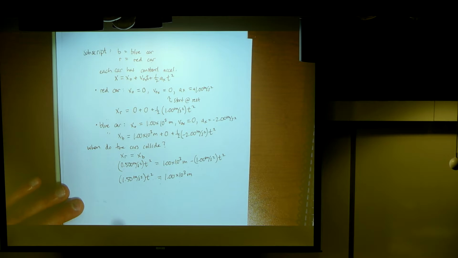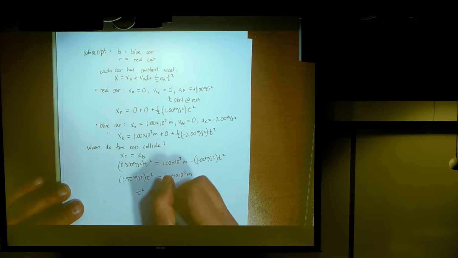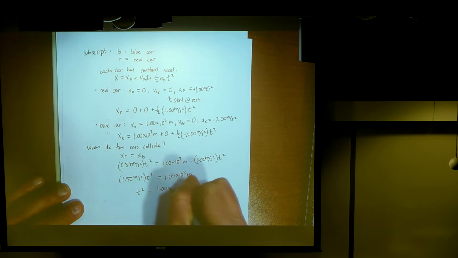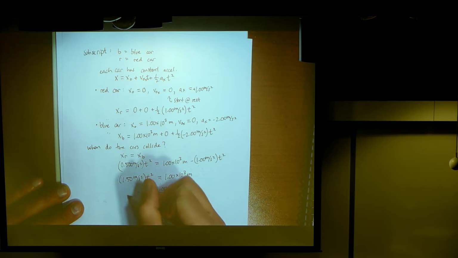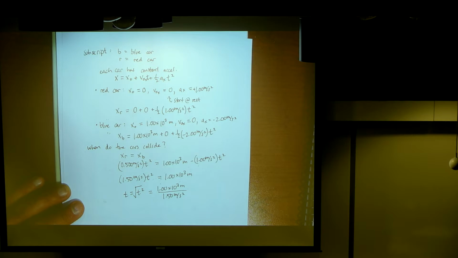So now I can solve for t. T squared is equal to this divided by that, 1.00 times 10 to the 3 meters over 1.50 meters per second squared. So if I want to get t, I have to square root, correct?